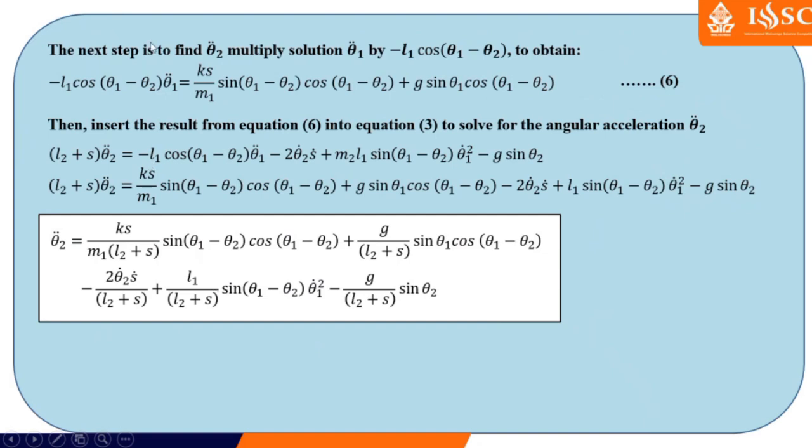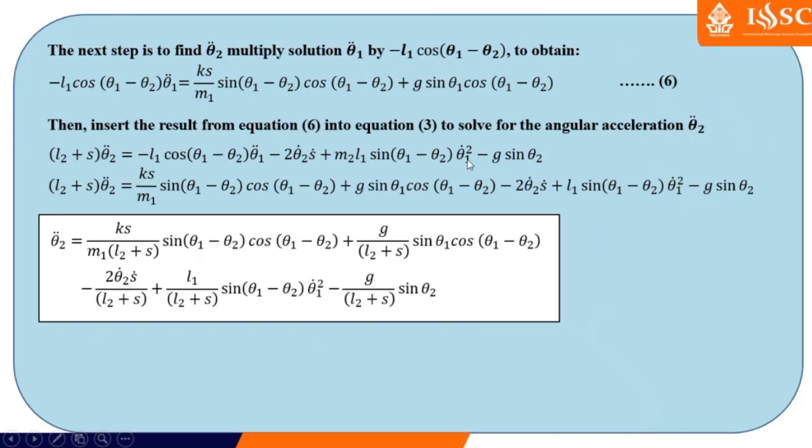The next step is to find theta 2 double dot: multiply the solution for theta 1 double dot by minus L1 cos theta 1 minus theta 2 to obtain equation 6. Then insert the result from equation 6 into equation 3 to solve for the angular acceleration theta 2 double dot, with theta 2 double dot on the left hand side divided by L2 plus S.